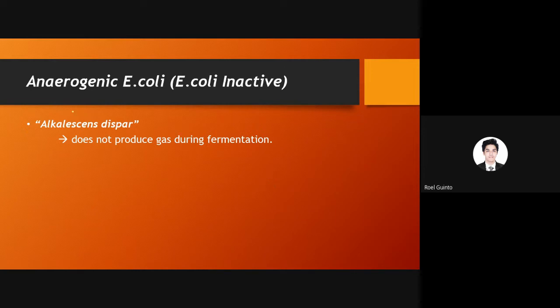So, this is alkalescens-dispar, does not produce gas during the fermentation. Kasi nga, sabi nga natin that all microorganisms under Enterobacteriaceae can produce gas except for Shigella.